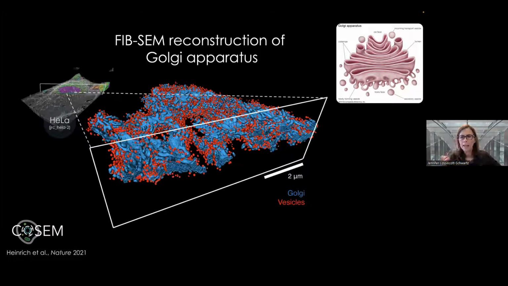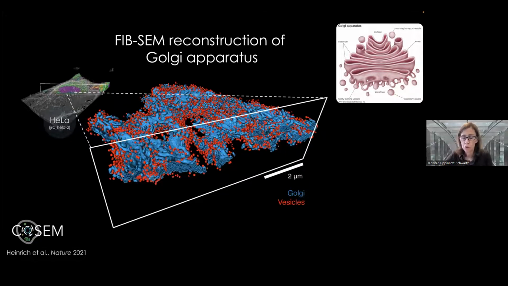All of its ribbon-like components are very tightly stacked, which we've known for many years. But I think what has not been appreciated is how all of these different stacked units, if you will, are interconnected with each other through tubule and other types of cisternal interactions. And so it's going to be very interesting moving forward to dig deeper into the organization of this structure using these types of approaches.